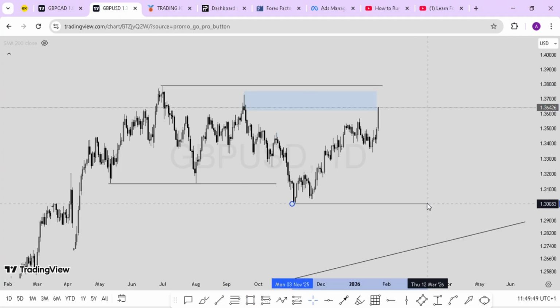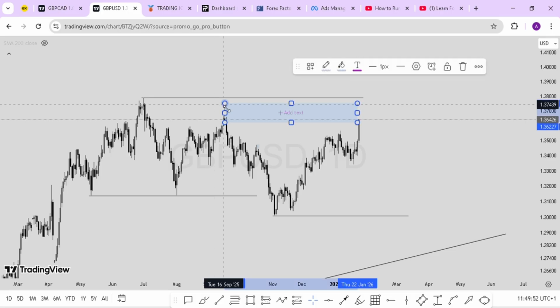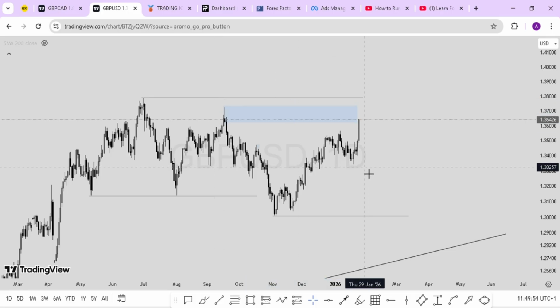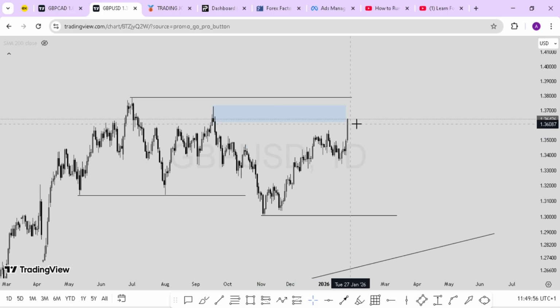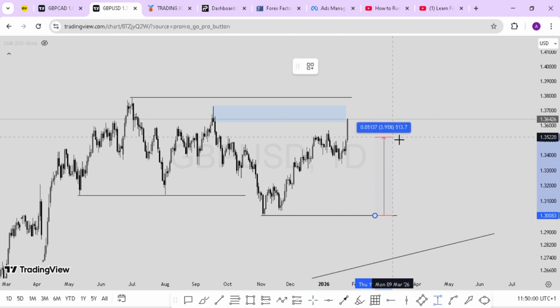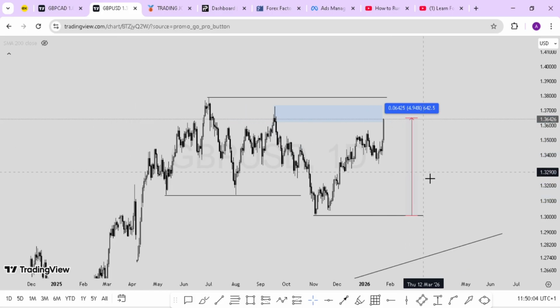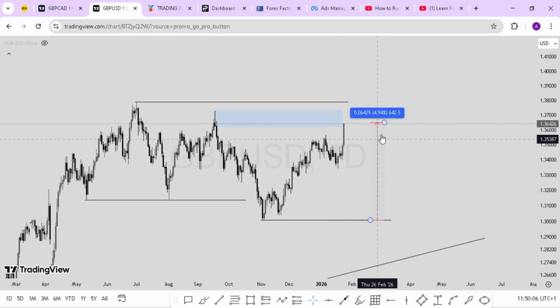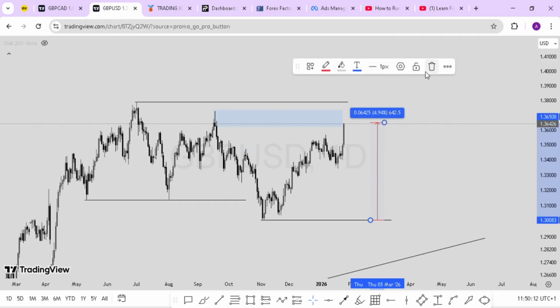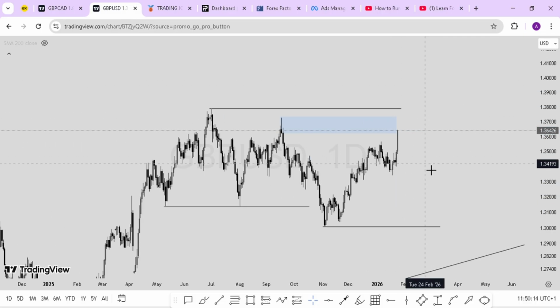So this can be what we'll be doing throughout this year. If this key level holds, probably the market will start selling from here to here. So if we want to calculate, this is about 640 pips, which is a good number of pips to catch in the market, since we are able to forecast the higher time frame directional bias.